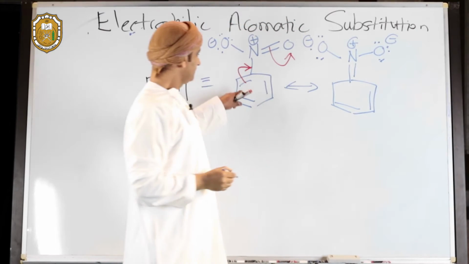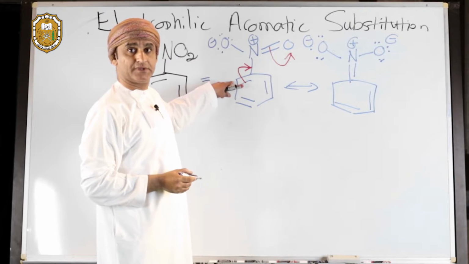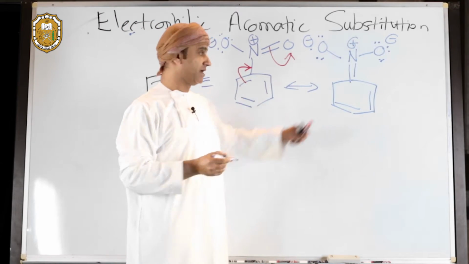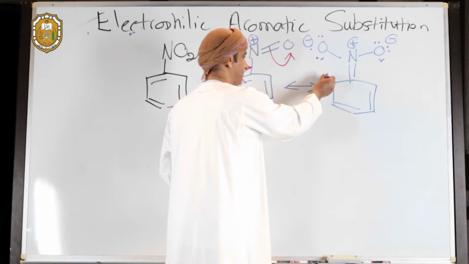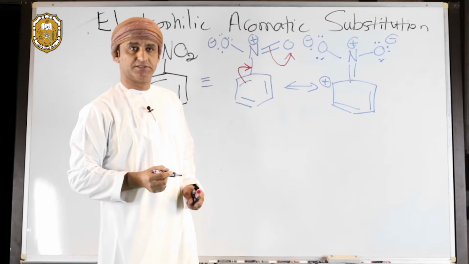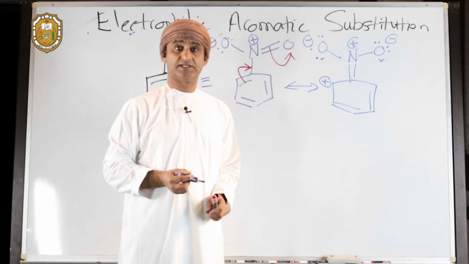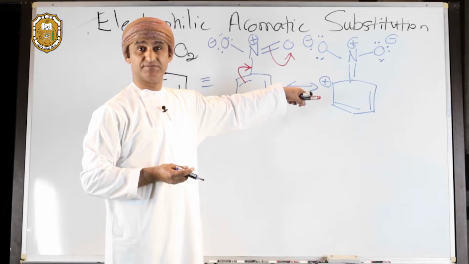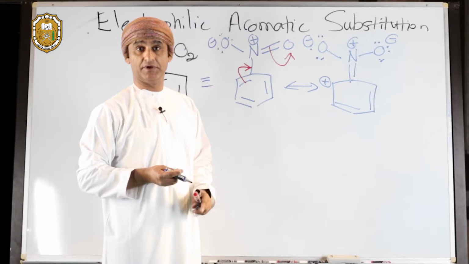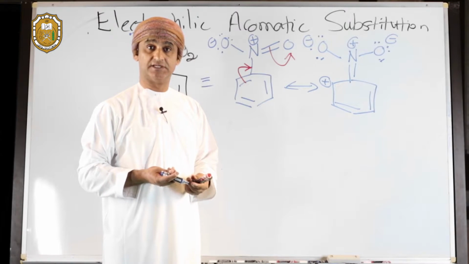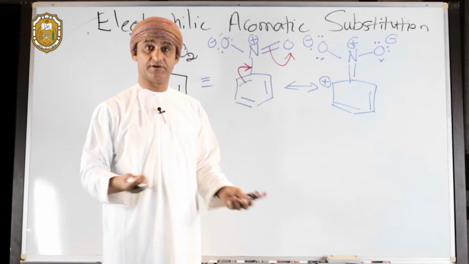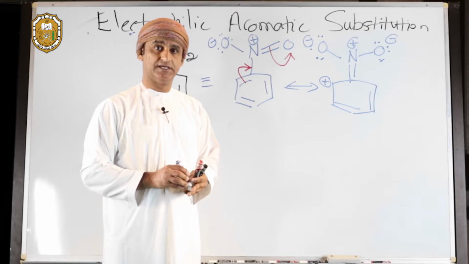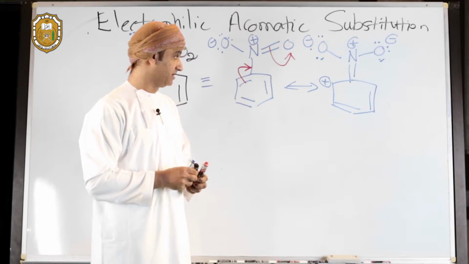Now, this carbon has lost its electron share here, so therefore it must carry a positive charge. But if it carries a positive charge, it's evident that the electron density in this benzene ring is significantly lowered. Therefore, its nucleophilicity is also significantly lowered, and the reactivity is much less than in unsubstituted benzene.